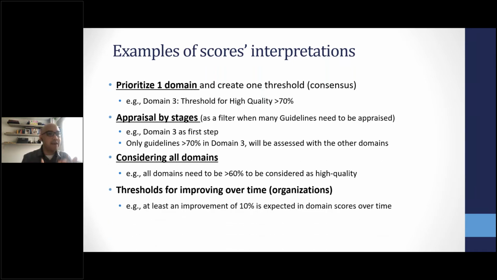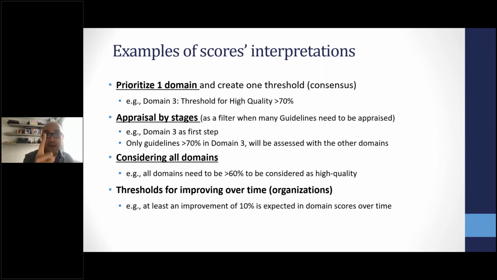Just to say that there are many examples of how to do the assessment. You could decide that domain 3 is the most important one, and use 70% to define the high quality guideline. Or you could do it by stages, in which you filter. You have 50 guidelines to assess and you don't have time to apply AGREE to all of them.